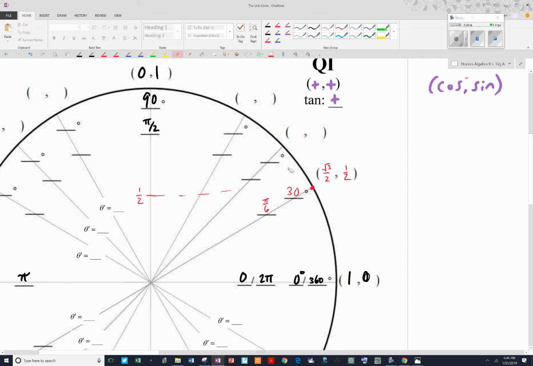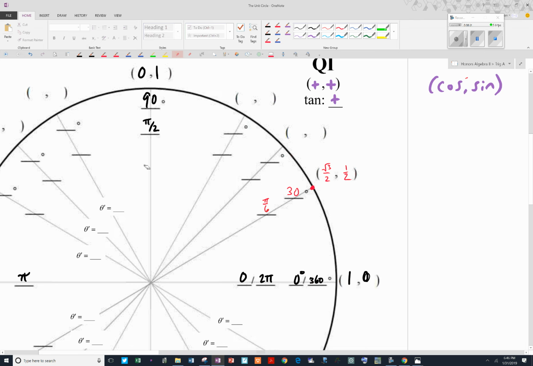The square root of 3 over 2 as an approximated value would be about 0.87, I believe. And if we actually found this x value right here, if this is a value of 1 right there, that is about 0.87, or square root of 3 over 2. So the x value is square root of 3 over 2, and the y value is 1/2.